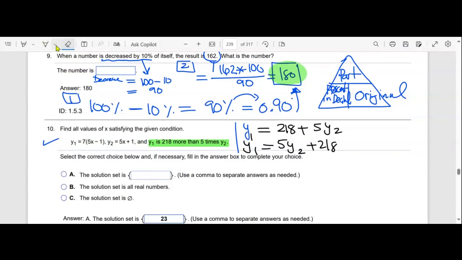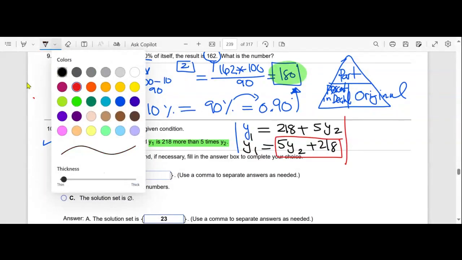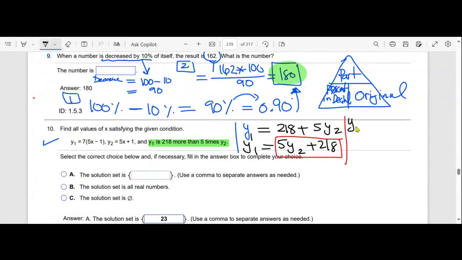What's the next step? I have y1 here and I have y2 here. Can I replace y1 by this value here? Yes, so let's do that. I have y1 equal 7 times (5x minus 1).